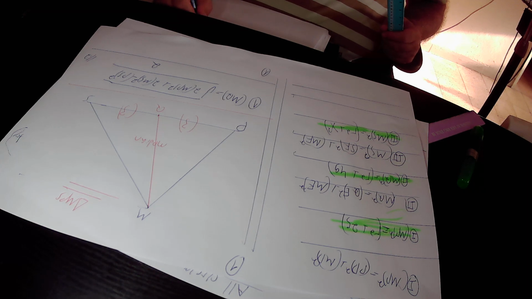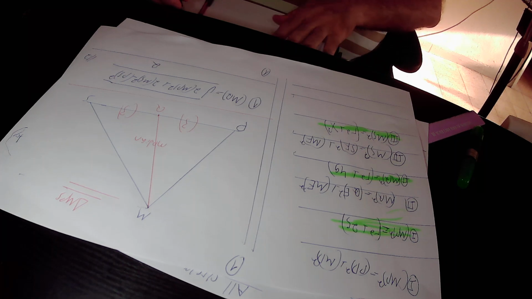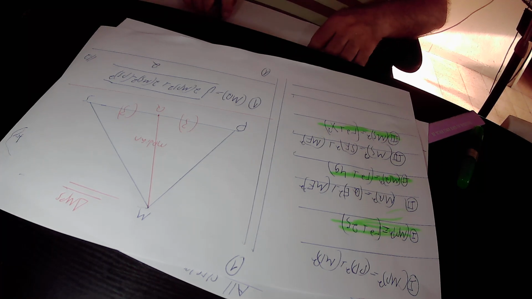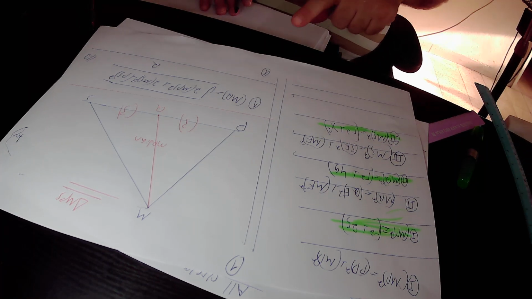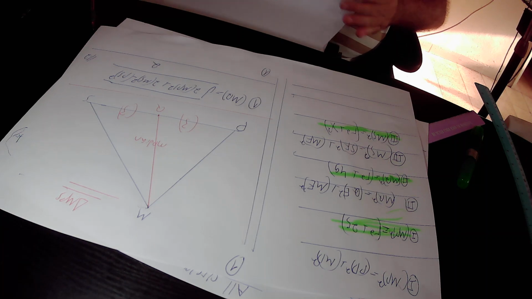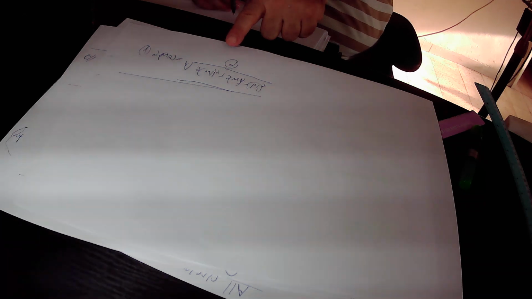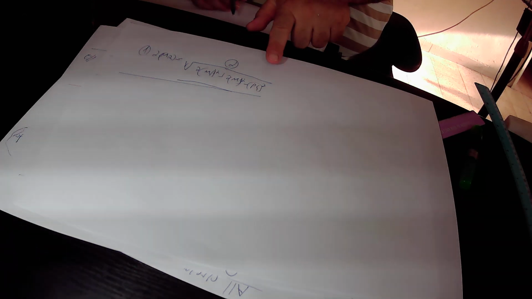Since we multiplied the equation by 2, it is not divided by 2 anymore. After we multiply this equation 1 by 2, we found out that 2 times MQ equals the square root of 2MP squared plus 2MS squared minus PS squared.